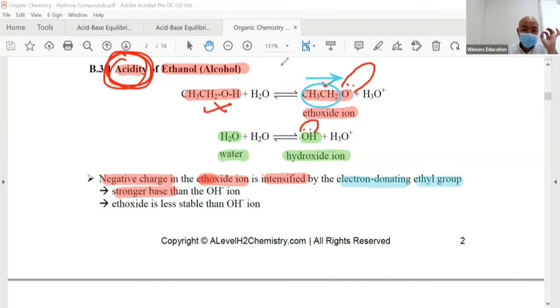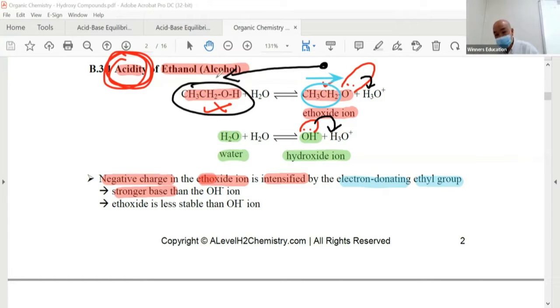Because what happened is, if that's the case, then the H plus that you threw out just now, you tend to go and protonate it back. Can you see? Make sense? You want to grab it back through dative again. Which means this will want to reverse back to become the molecule. Which means it doesn't want to dissociate that more.